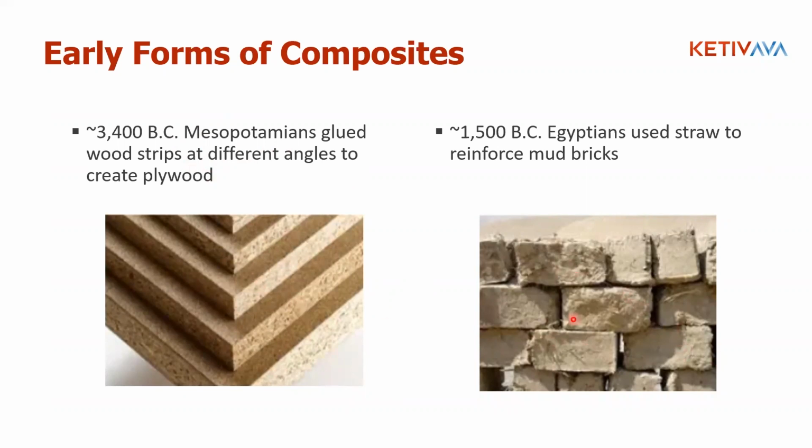We also know that the Egyptians used straw to reinforce mud bricks. So these are all early uses of composites for strengthening material, to give it different characteristics or properties for whatever use that they had.